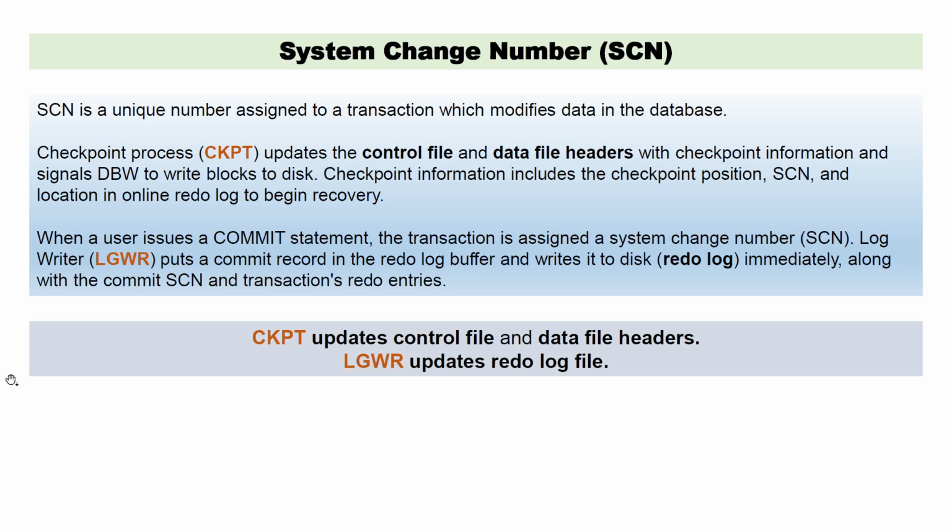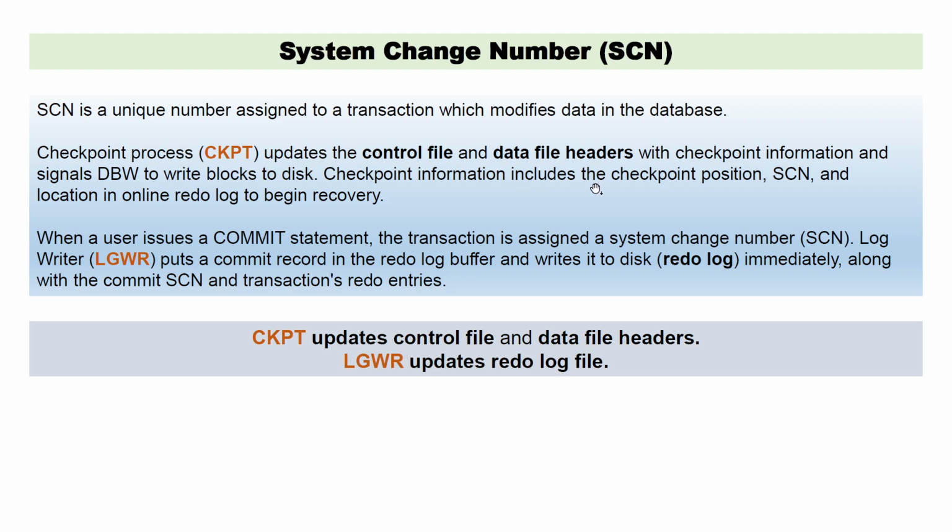Now let's understand what is system change number. System change number, commonly referred to as SCN, is a unique number assigned to a transaction which modifies data in the database. The checkpoint process updates the control file and data file headers with checkpoint information and signals DB writer to write blocks to disk.